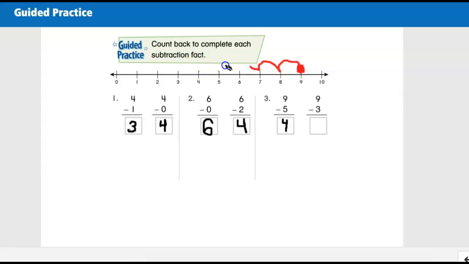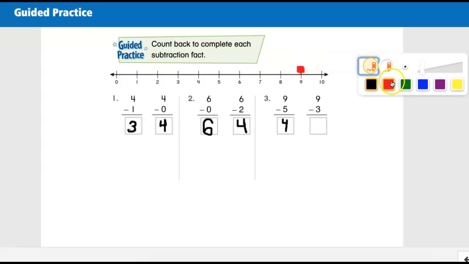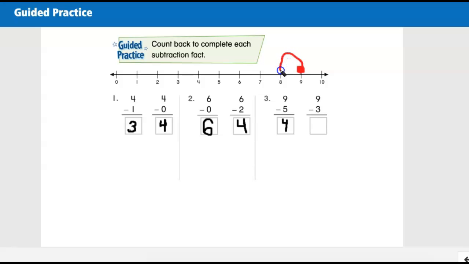Okay, one more. This next problem we are starting at 9 again, so I'm going to leave my 9 dot here. This time I am jumping back 3 spaces, so let's do it. So start at 9, jump back 1, 2, 3.